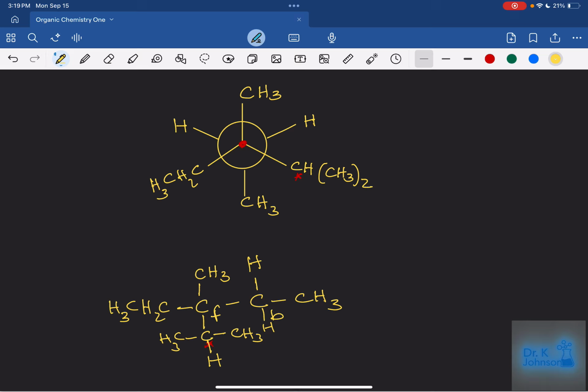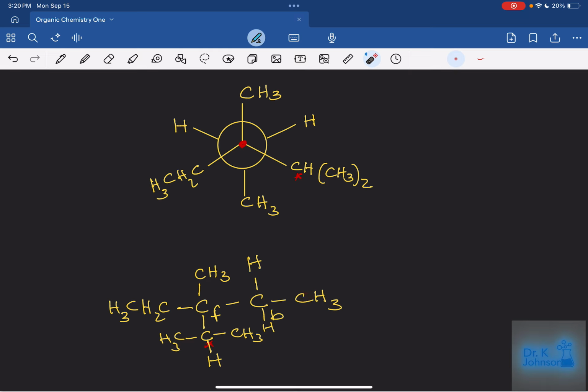Now, we need to find our longest chain of carbon, right? Let's go straight across and see if that's it. 1, 2, 3, 4, 5. Okay. What if we go this way? That's also a long chain, right? 1, 2, 3, 4, 5.